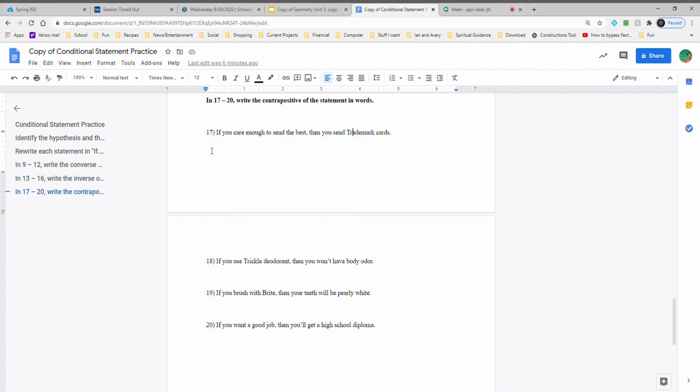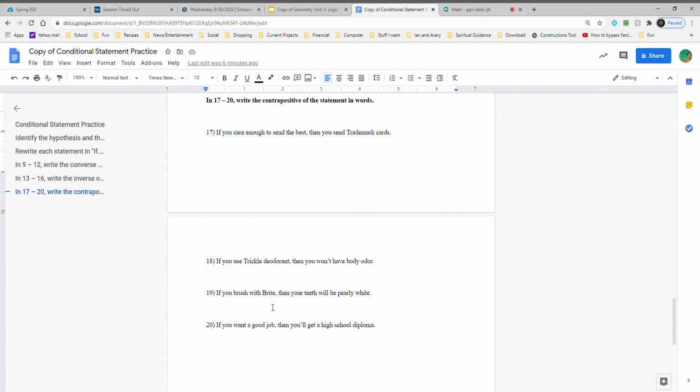On this one, see here it says won't. So you would take the won't out, the negative out. So it's if you have body odor, then you don't use trickle deodorant. The opposite of you won't have body odor is you will have body odor, or you do have body odor. So if you do have body odor, then you don't use trickle deodorant.